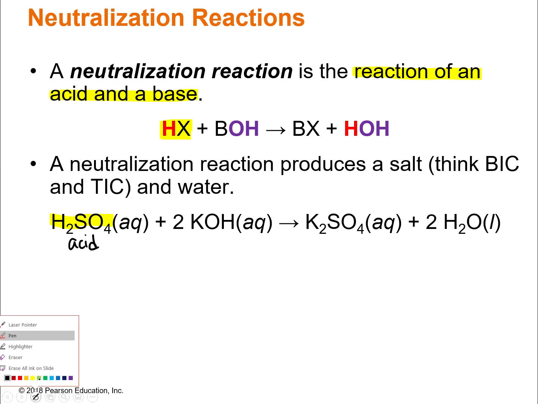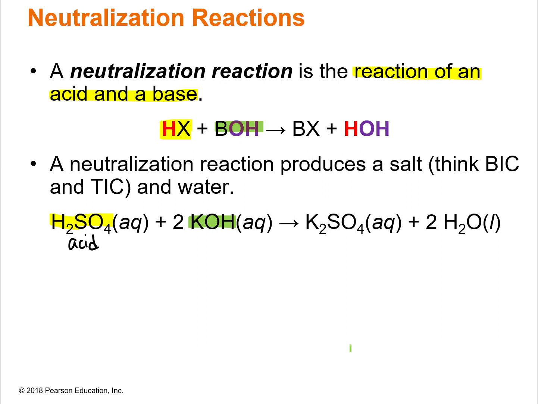Bases we didn't talk about. With our base, you're going to see something that's got a hydroxide, by and large. There are other bases that don't have a hydroxide, but I'm not here to teach you about bases today.